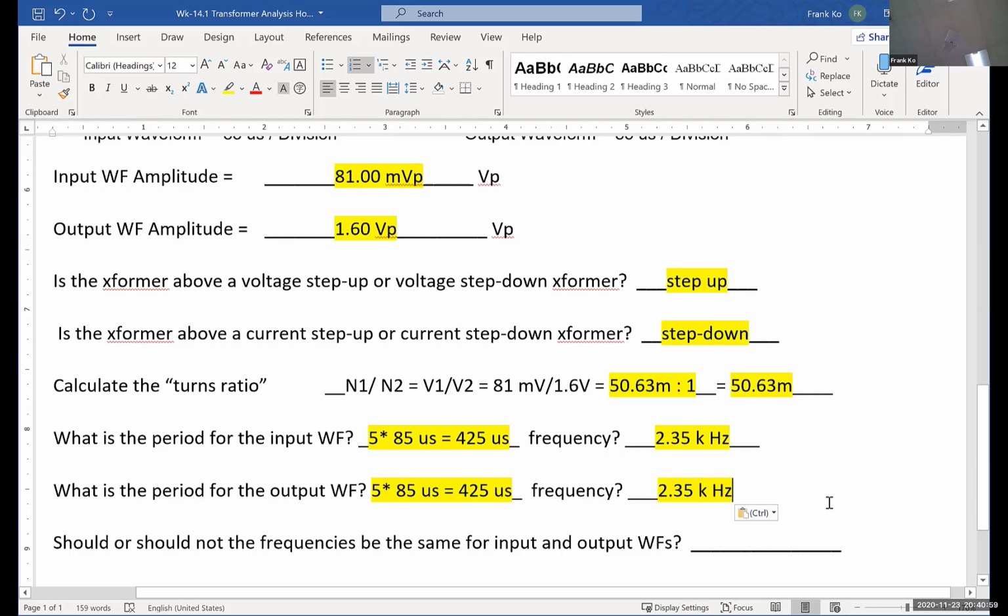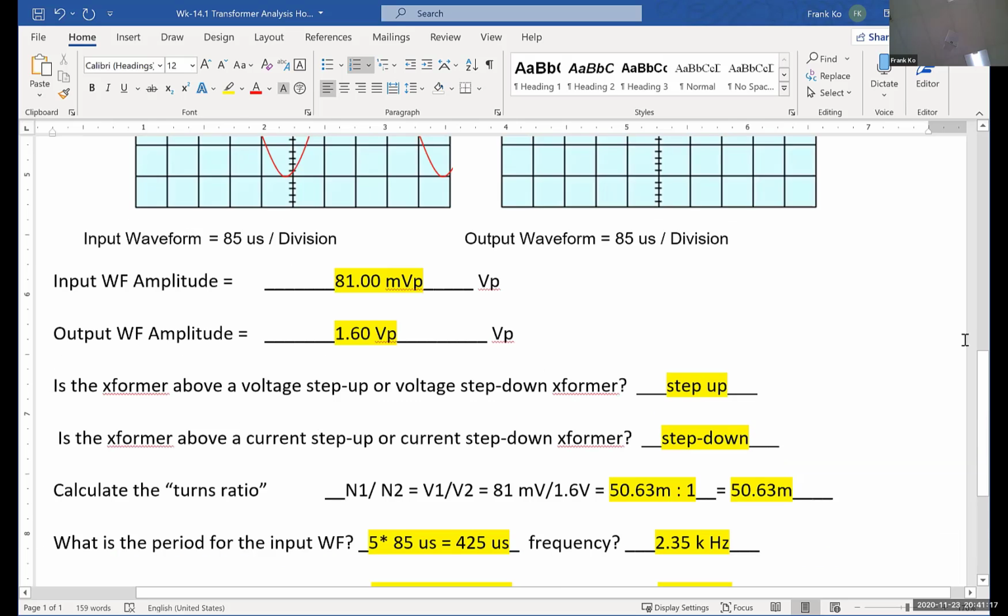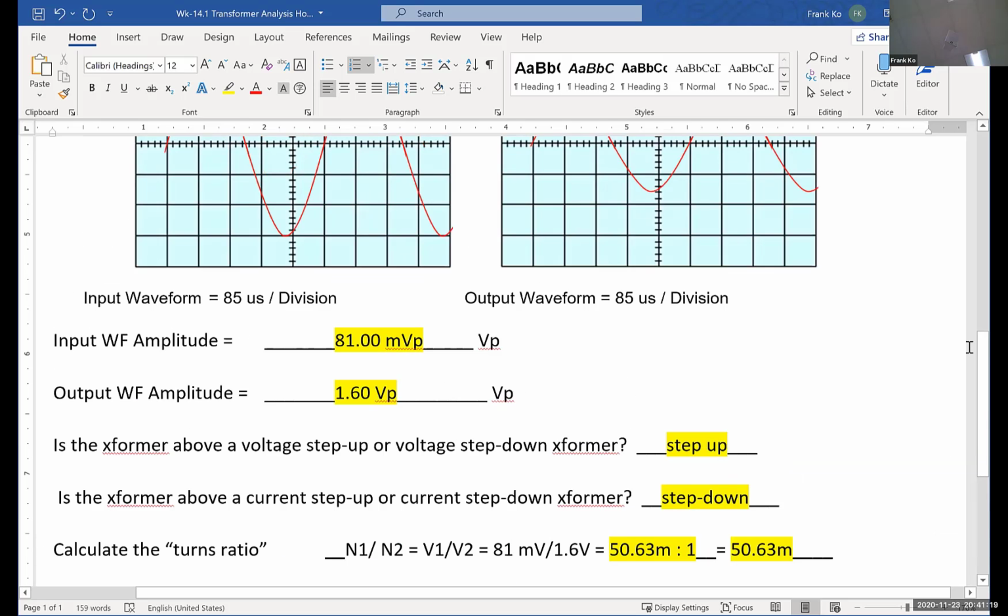And so the last question here is, should or should not the frequencies be the same for input and output waveforms? Should, yes. Okay. Does everybody feel more comfortable with this exercise, having reviewed these waveforms and how to read them?